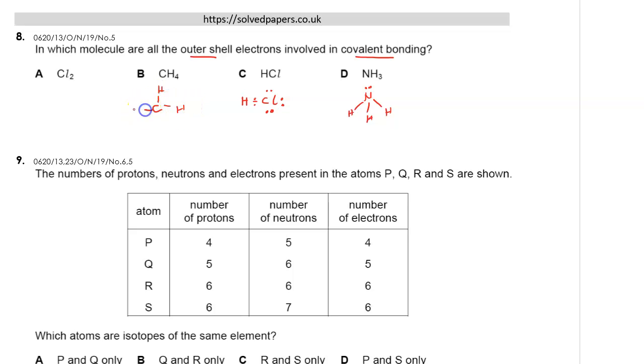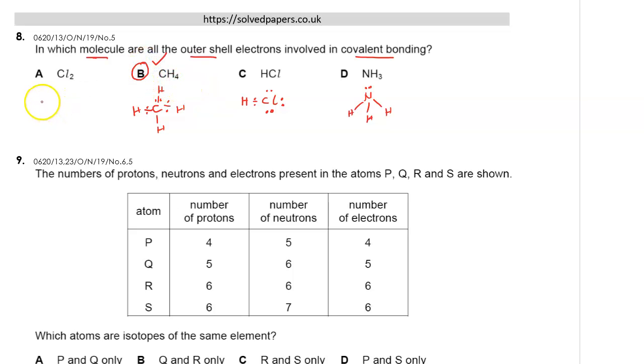Carbon has got 4 electrons in the outer shell. Therefore, it will be sharing a pair of electrons with each hydrogen atom, as you can see here. And therefore, all the outer shell electrons of hydrogen and carbon are participating in bonding to form this molecule. So the right answer here is B.